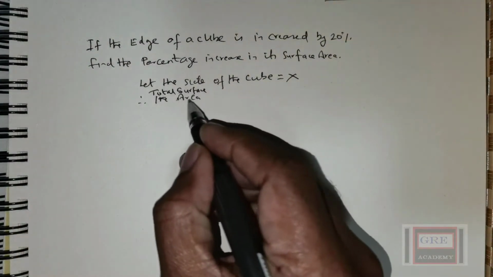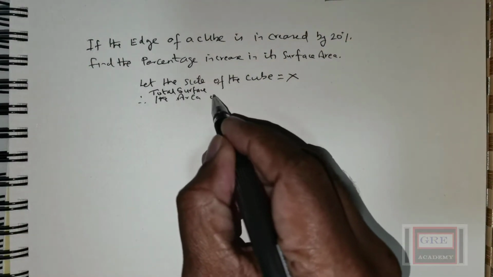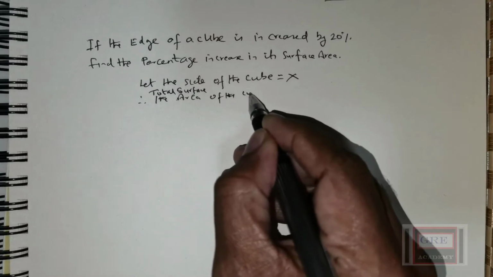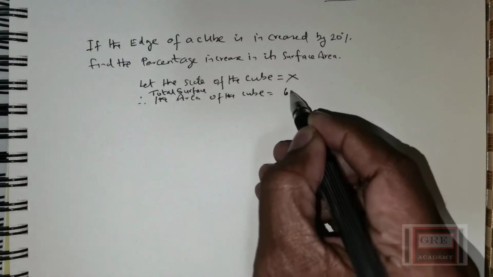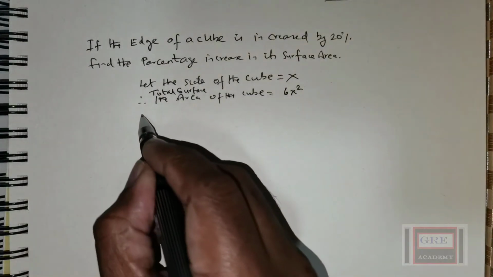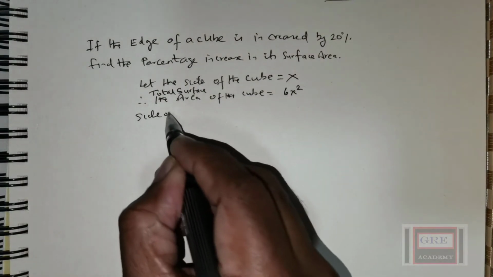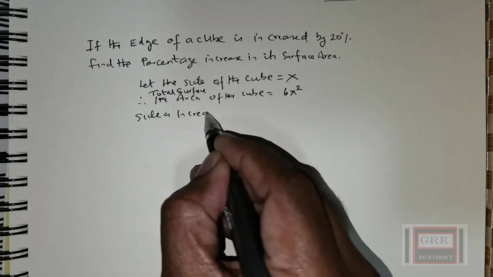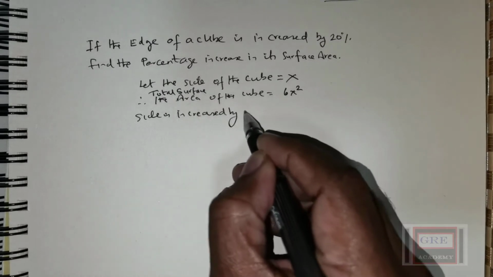Now we know that the total surface area of the cube is given as 6x squared. Now it is also given that the side is increased by 20%.